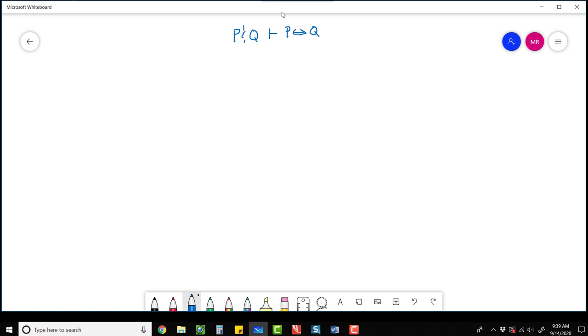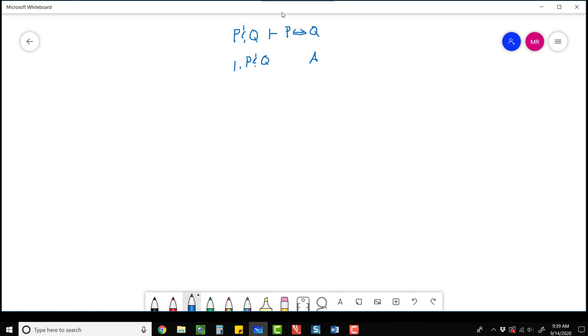So here what we'll do is take on P and Q, which is given to us as an assumption. And now what we say is, oh, we're trying to prove a biconditional, but you know that a biconditional is just a conditional that goes both ways.